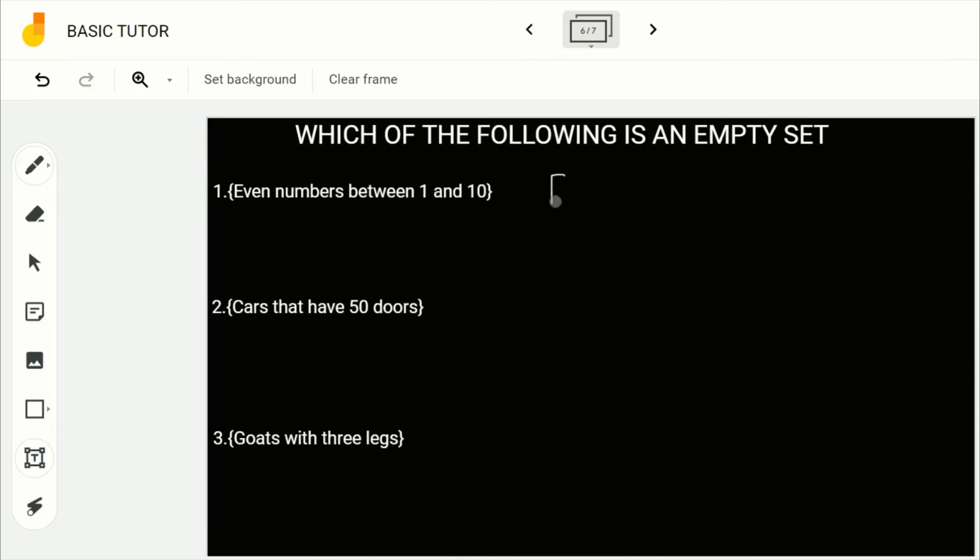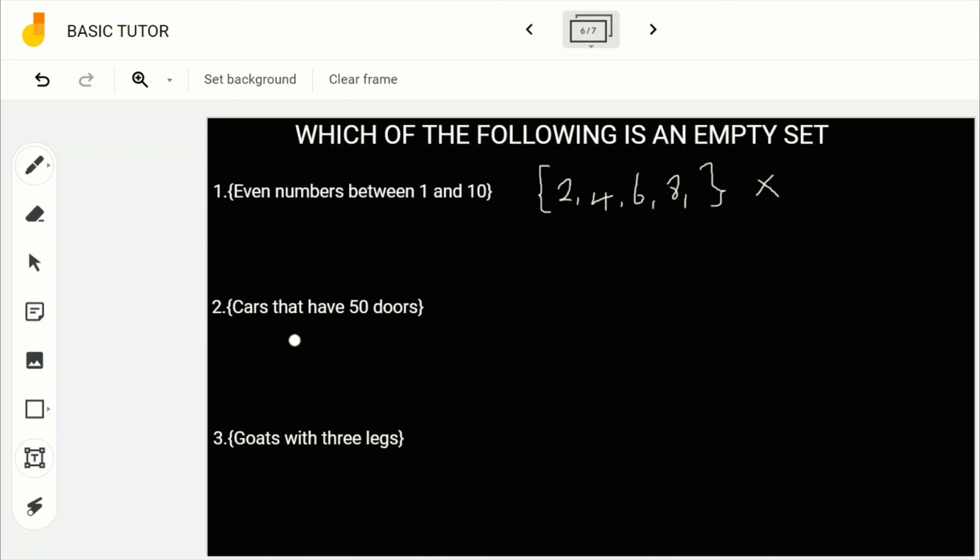Even numbers between 1 and 10 have members. For example, we have 2, 4, 6, 8. Yes, these are the members of this set. So that means that this is not an empty set.